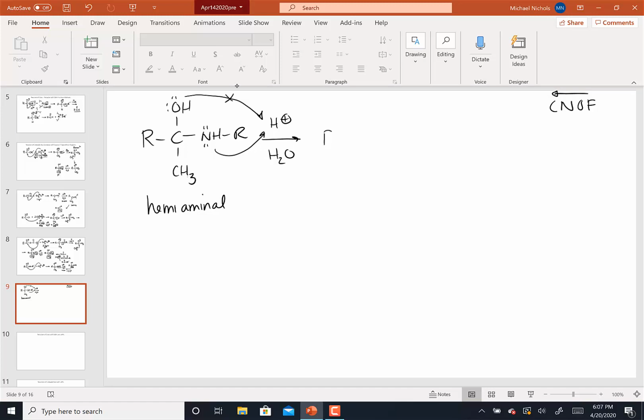And so what am I going to end up doing? I'm going to end up forming that ammonium compound. As we saw with the Hofmann elimination, the ammonium is a great leaving group, so I'm going to break that bond.